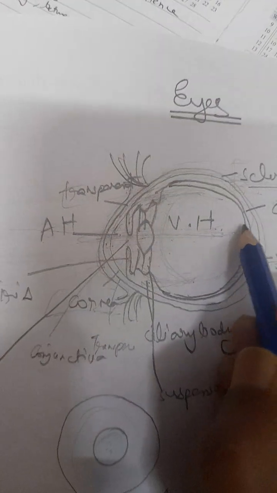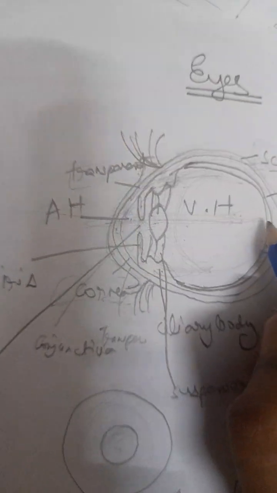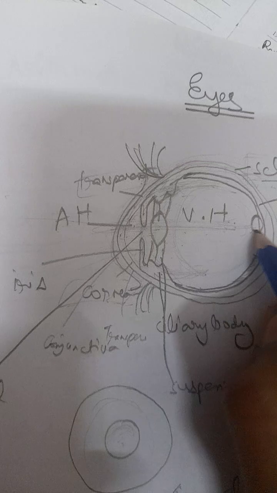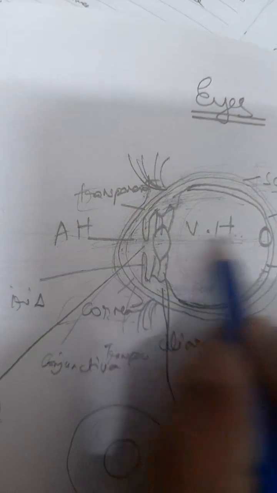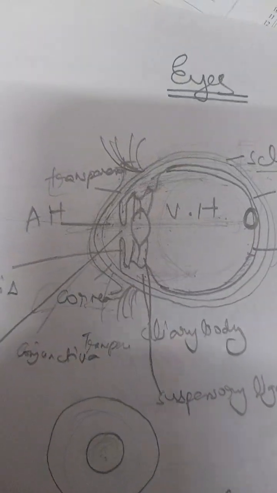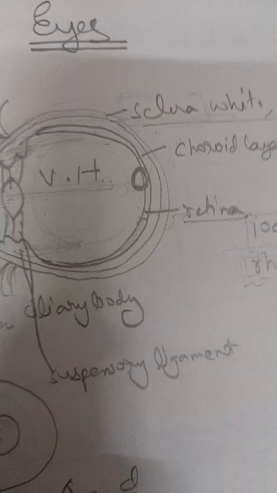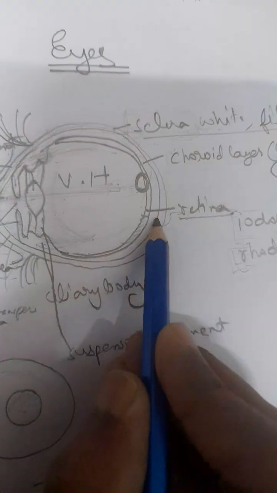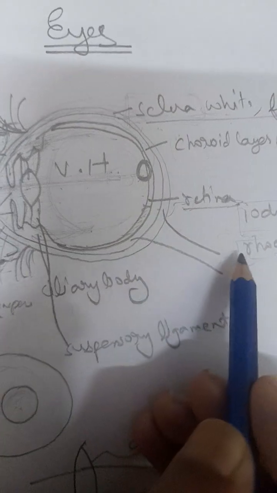And there are two spots. One is the yellow spot known as macula lutea, which is the area of best vision, which is somewhere in the cone cell region. This is the area of best vision. And from the eyes a sensory nerve arises, which carries the impulse to the brain.